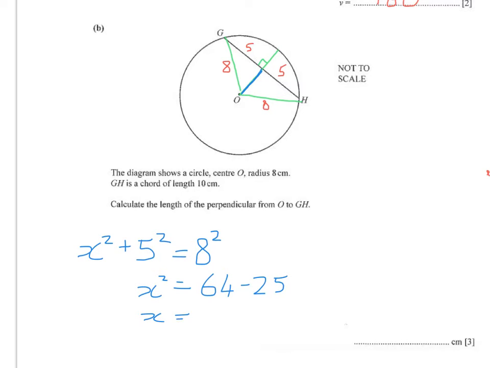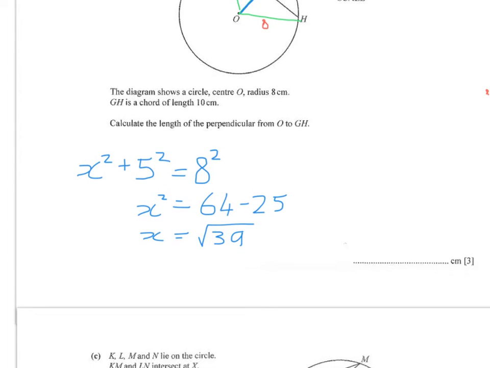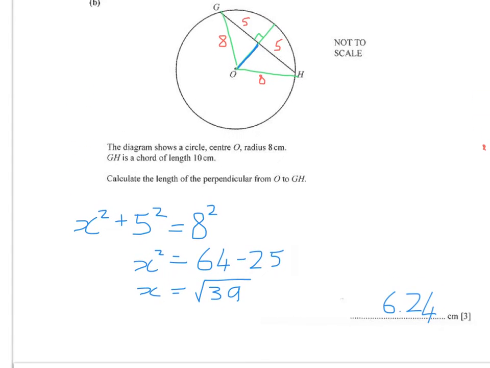So x is going to be equal to the square root of 39, which, if I plug it into a calculator, gives me 6.24 centimetres. So the key to this one is remembering that if a radius bisects a chord, it's at a right angle, and also try and make triangles wherever you can.